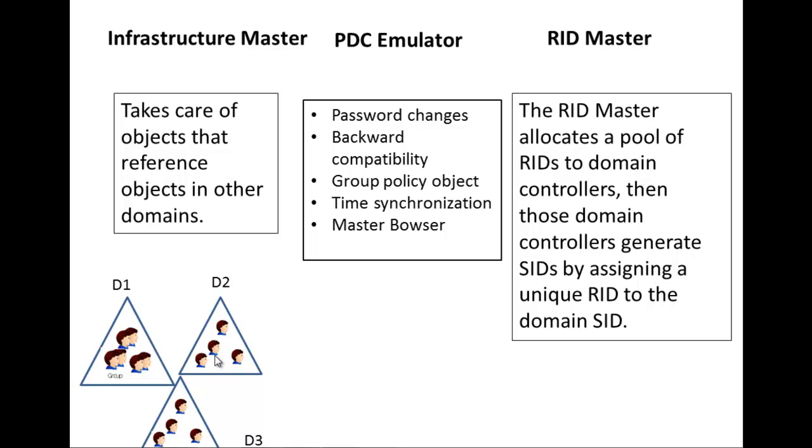If the Infrastructure Master role is on a domain controller that is running a global catalog, it will stop updating object information because the global catalog server holds a partial replica of every object in the forest. So whenever you create something or make a change, and that system is a global catalog, that system already has that change.